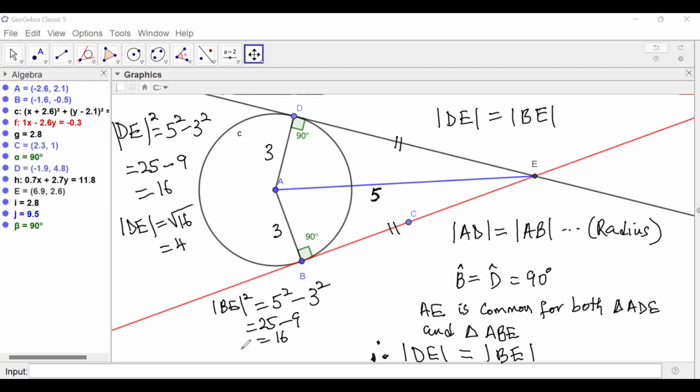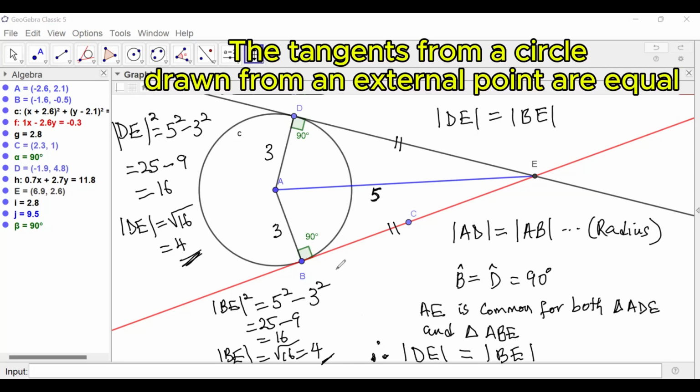This gives me 16, and so BE here is going to give me the square root of 16, and that gives me 4 units as usual, just as I got here, and that's the same thing. So we've seen a practical demonstration that tangents drawn from external points are equal in length.